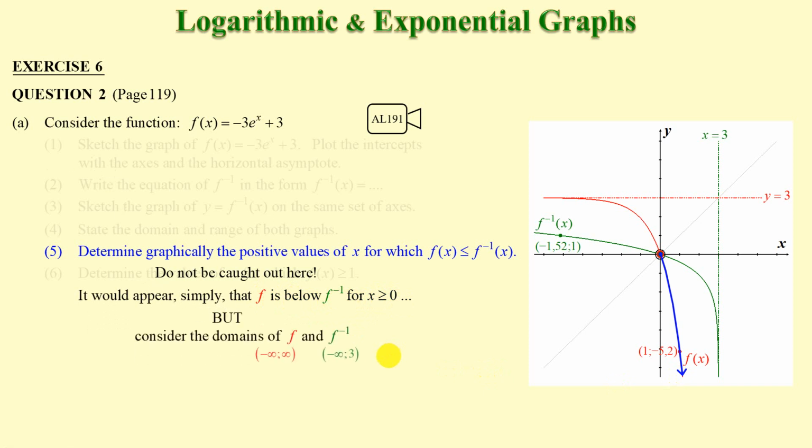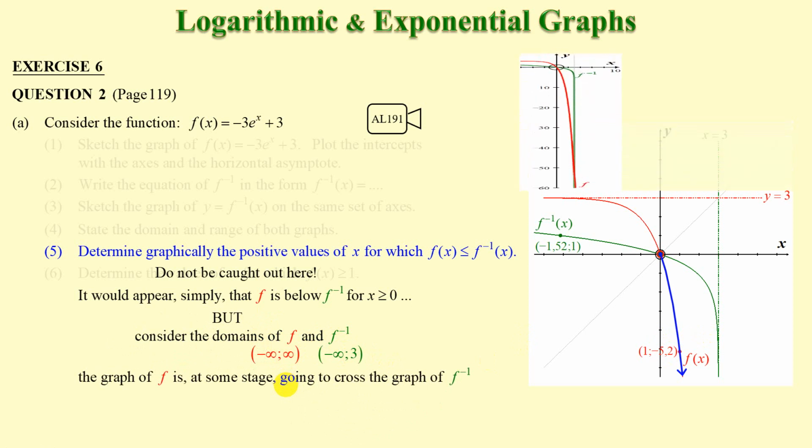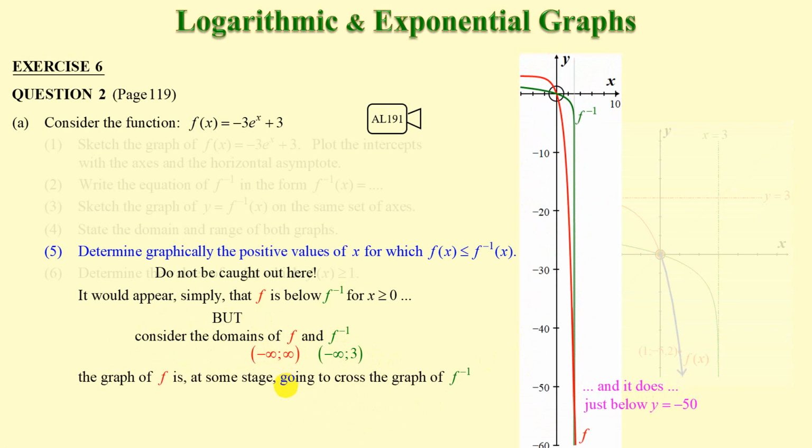A big but. Consider the domains. That's what I was talking about here. Consider the fact that f minus 1 stops at 3, but f goes to infinity. So f is going to cross f minus 1 again at some stage. Let's pull down an exaggerated version of it, and you'll see that.